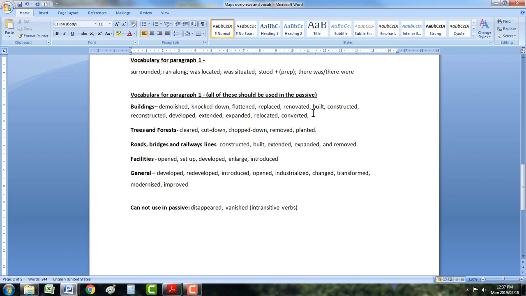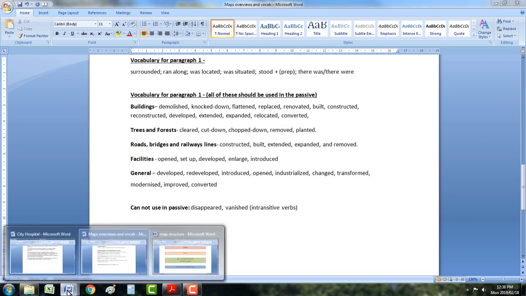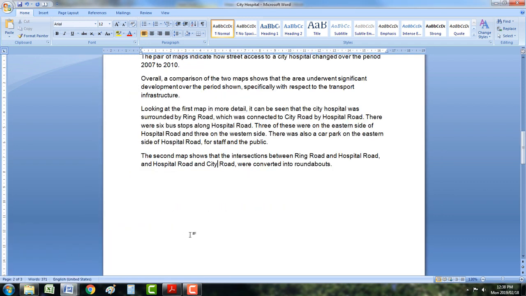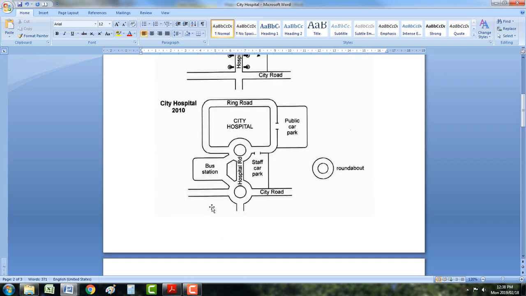Some of these are very common, you'll use a lot. Constructed is common, built is common, developed is very common. Okay, so converted is not there. Let me just add it. Converted, changed basically. Okay, but passive, that's the most important thing.